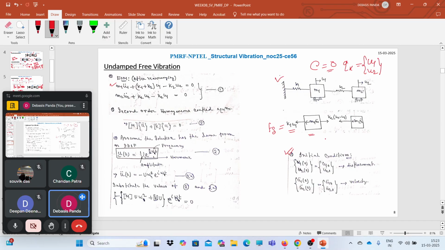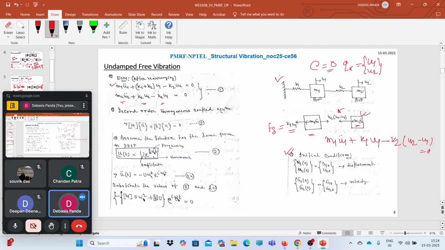If you rearrange this equation, you will get it in this form. And for the second degree of freedom, we will have m2 u2 double dot plus k2 u2 minus k2 u1 is equal to 0, because if you open this bracket, you will have k2 u2 and k2 u1.